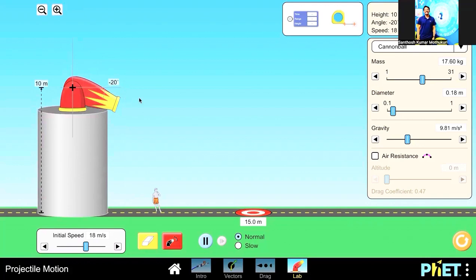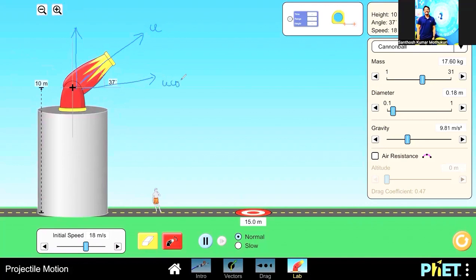Now when we resolve the components, as in the previous case, if this is the projectile, we know the resolution of the vectors, right? When this is the initial velocity and this is the angle, this would be the horizontal component and this would be the vertical component.